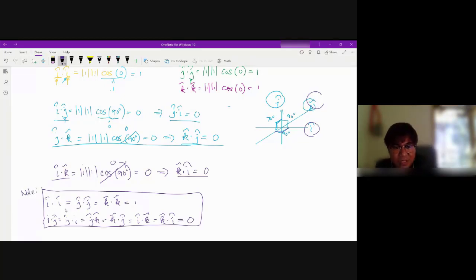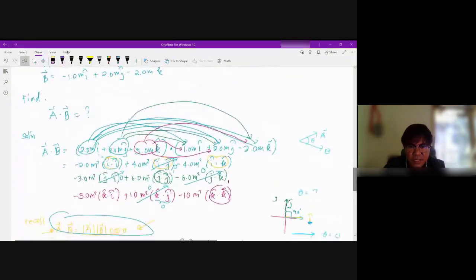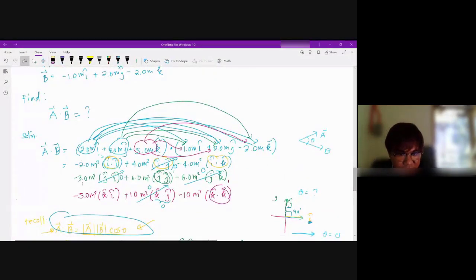So you have to take note about this for scalar multiplication. So that would mean sa taas, balik na diri class. So we would have this one. So you have this one is also 0.